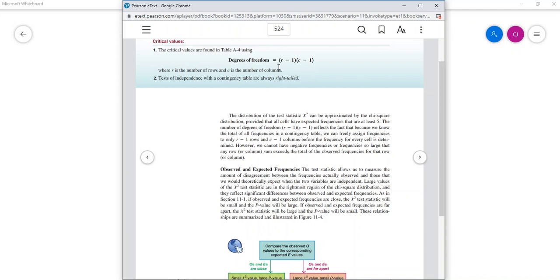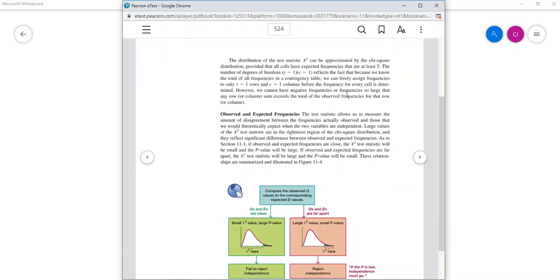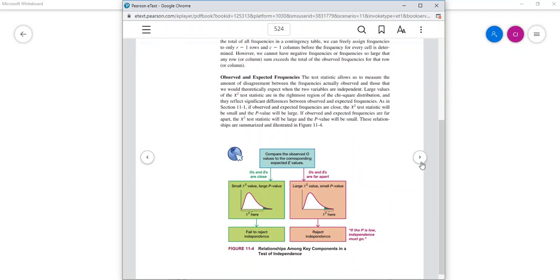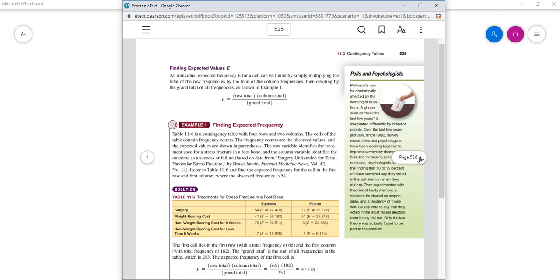You take the number of rows in the table, minus 1, times the number of columns in the table, minus 1, and you multiply these two things together. We're going to do an example of that. And number 2 here, tests of independence, when we do the hypothesis testing, are going to be right tail tests. So that cuts down a little bit of confusion setting up those hypothesis tests.